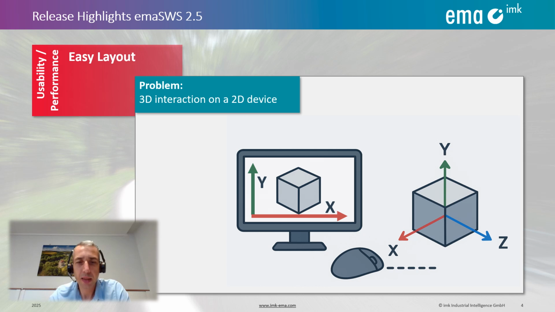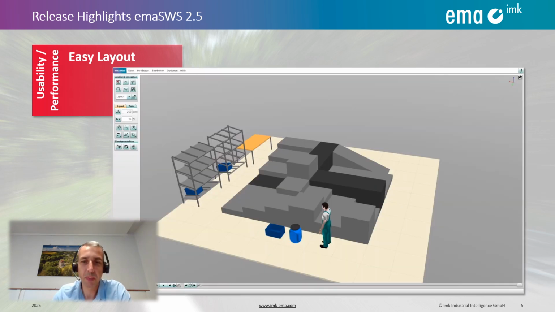You have 2 axes on a screen, you're sitting before a screen, and you have 3 axes in space, and you can't manipulate all 3 axes with a mouse at the same time. And that's how it looks today.